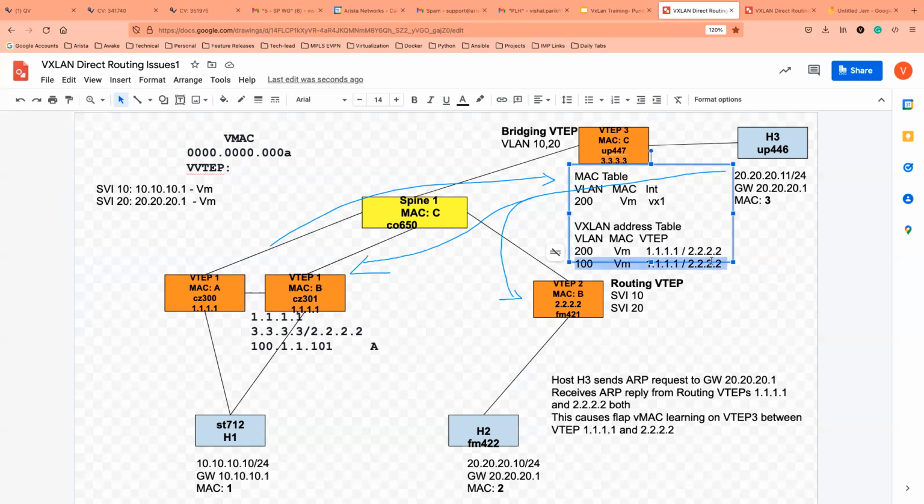Virtual IP. Yeah, we have a virtual VTEP IP configured. We have virtual IP and VM configured. Virtual VTEP. Yes, so we have to configure a virtual VTEP. So basically one rule is very clear, and we will discuss this rule again and again: if you have virtual MAC and virtual IP, everything should be virtual.